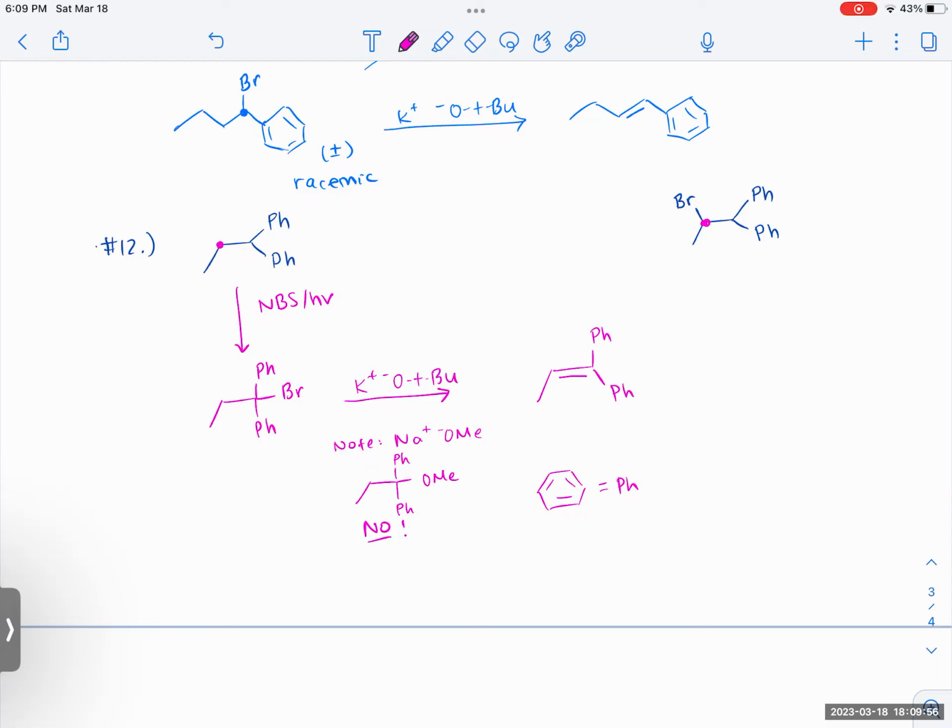And if we glance at our product again, the bromine is actually on the less substituted side of the alkene, and we know a reagent for that. What's the reagent that does that? BH3. Isn't it BH3·THF? No, because that's for OH.